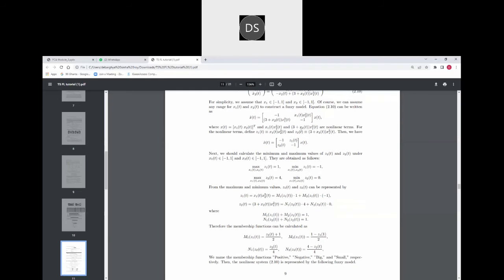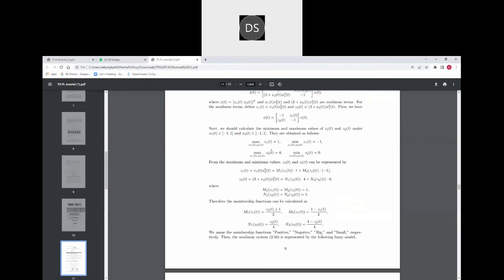And as Virender already discussed, we will assume those nonlinear terms as z1 and z2. So here x1 multiplied by x2 whole square is assumed as z1, and z2 will be x1 square multiplied by 3 plus x2. So this is the equation which we get.